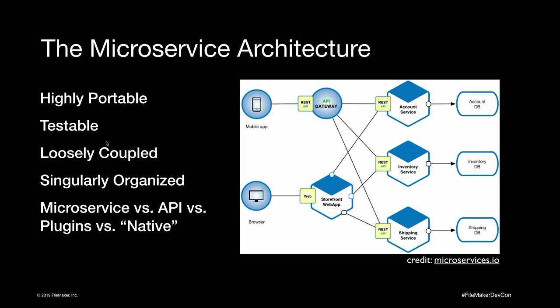Or it might be something that you do native, like if you have a web viewer in your FileMaker file that takes some input from your record, uses some JavaScript in the web viewer, and then you scrape that result out. So all of these things fit within this microservice architecture, but they can also be their own separate thing.